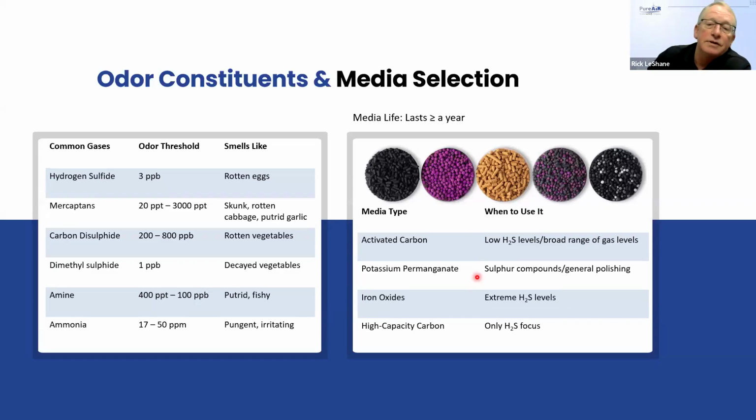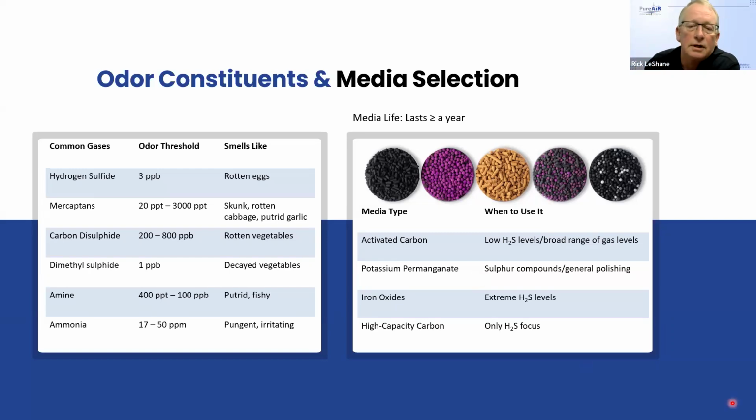Our potassium permanganate medias are great for sulfur compounds and general polishing. Often we mix it with activated carbon to treat gases associated with wastewater as a polishing layer. We have a roughing layer for the H2S and a polishing layer that usually has some potassium permanganate mixed in there.